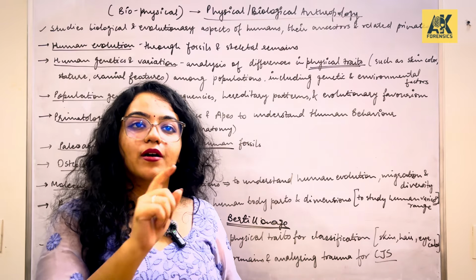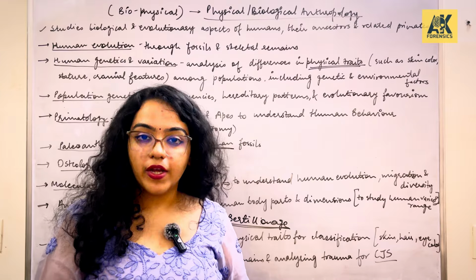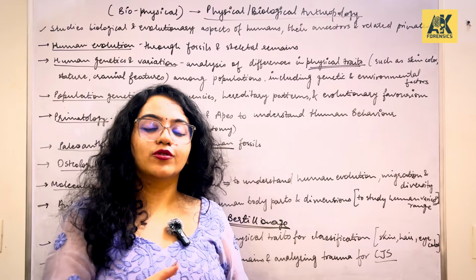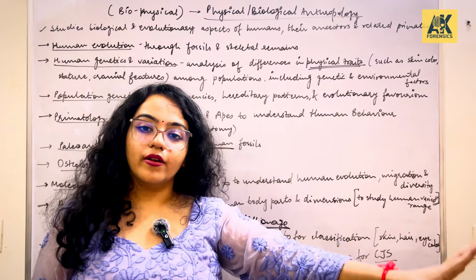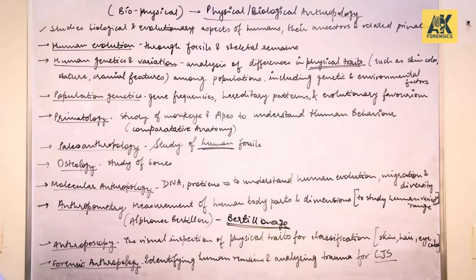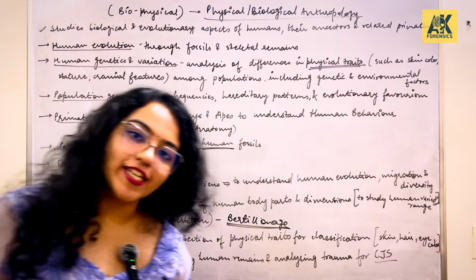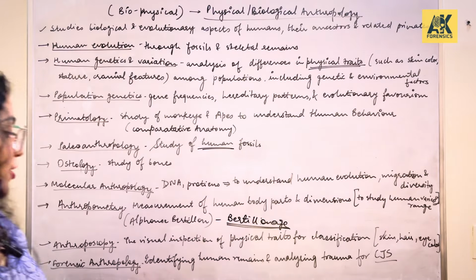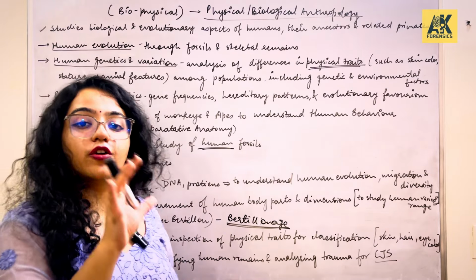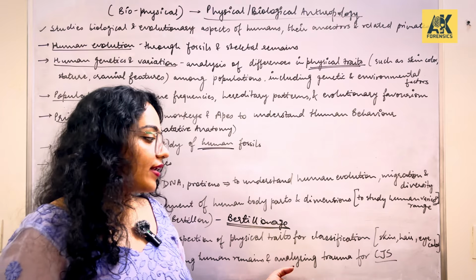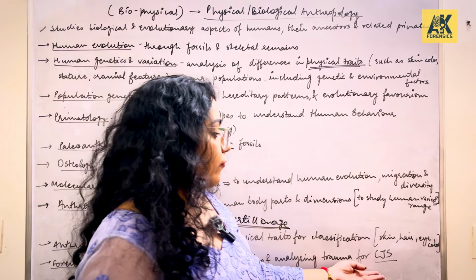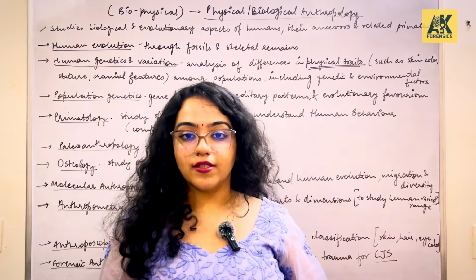So some descriptive identification feature is used to identify some particular person, right? And then there is forensic anthropology, which we will be studying in detail, which is about identification of human remains, specifically human remains, and analyzing the trauma for criminal justice system, right?